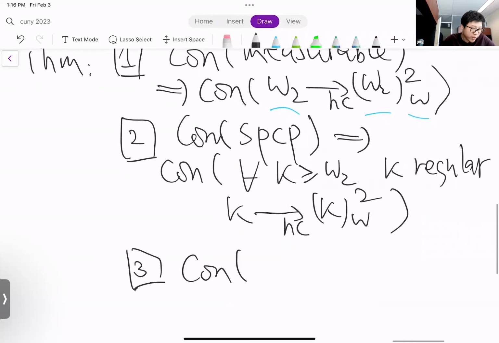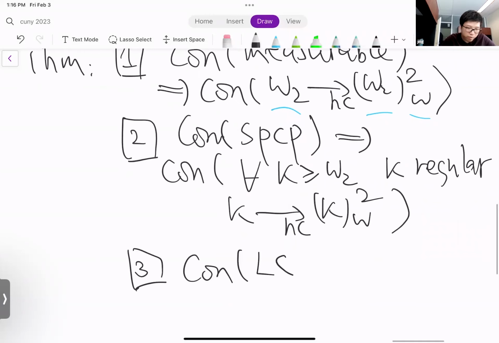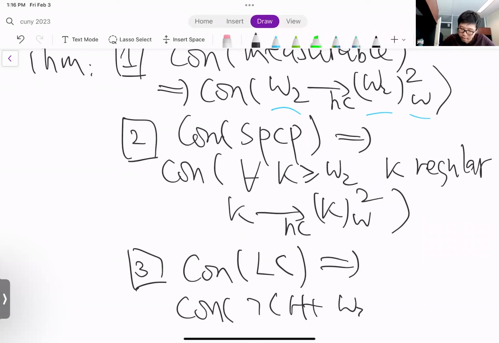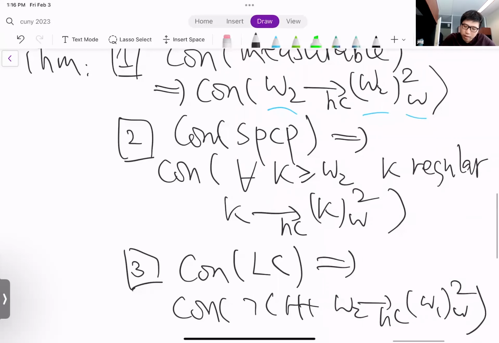Okay, so the last one, I don't think I have time today to state exactly what large cardinal hypothesis I need, so I'm just going to write large cardinal. This implies the consistency of not CH and omega 2 HC, omega 1, omega 2.